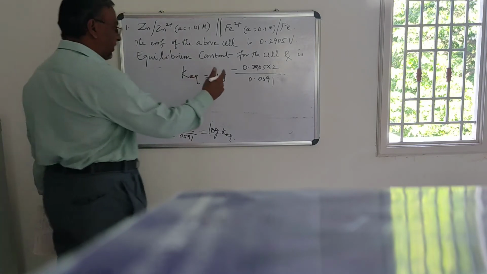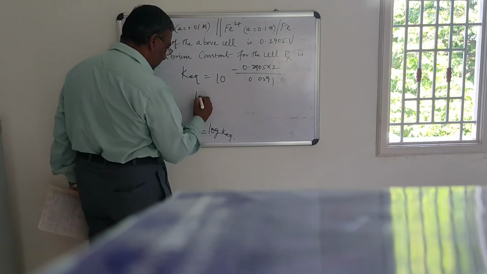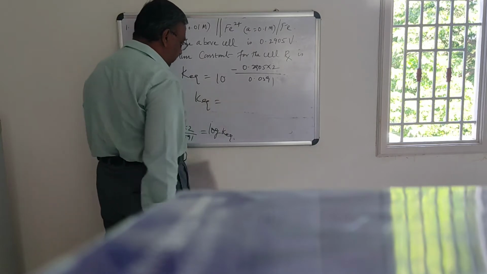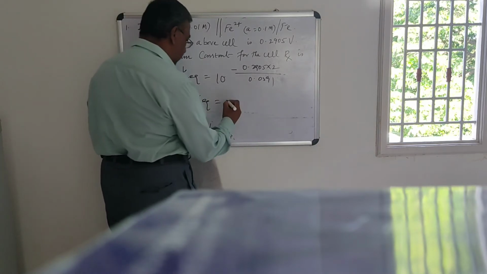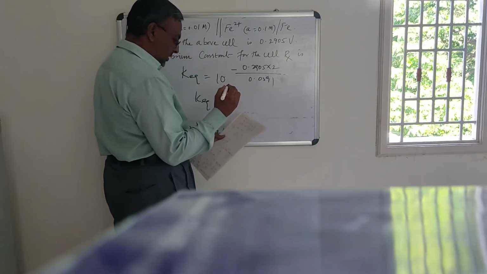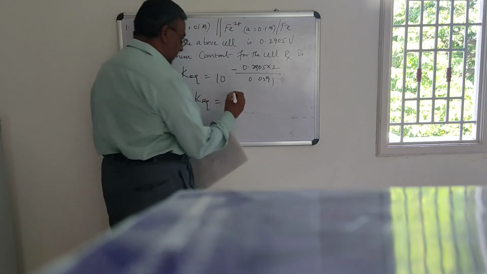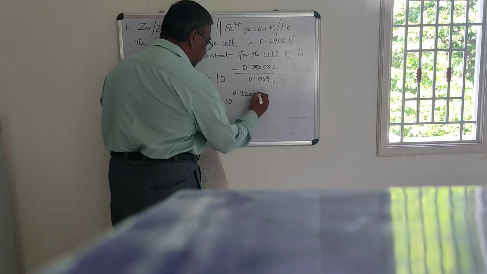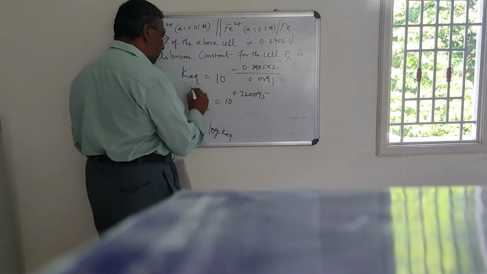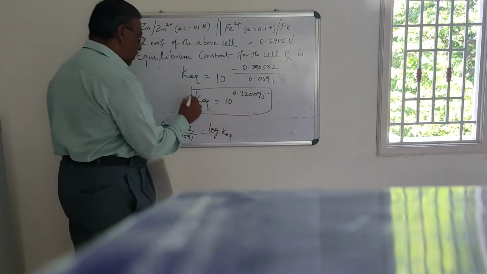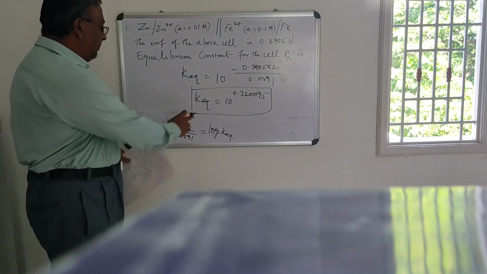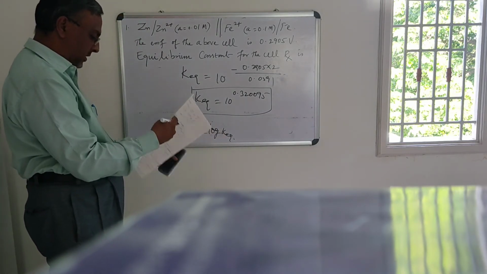If you solve this problem, the value of equilibrium constant is found to be 10 power 0.320095. So this is the answer. So this is the value of equilibrium constant.